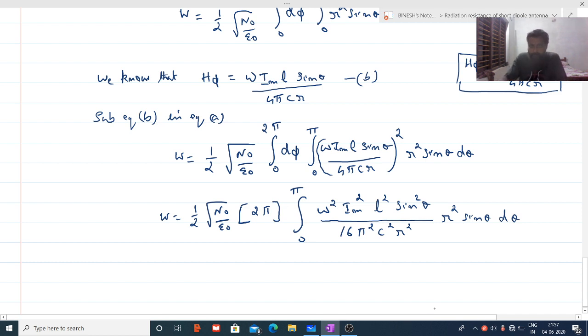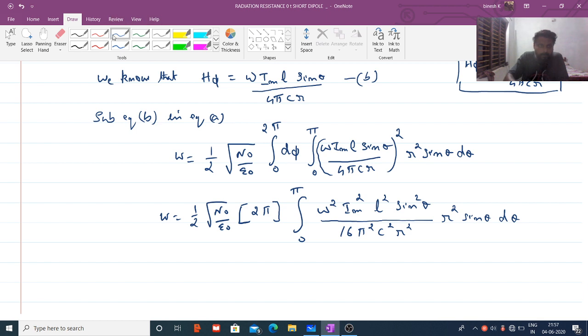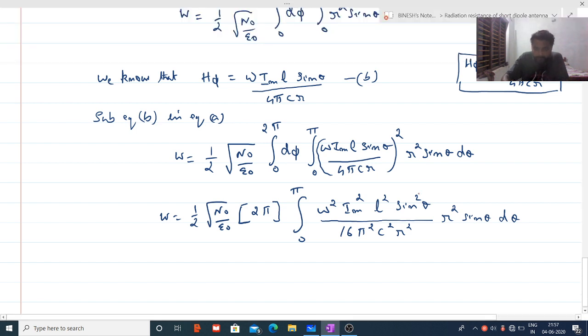What happens is this R square and this R square get cancelled.